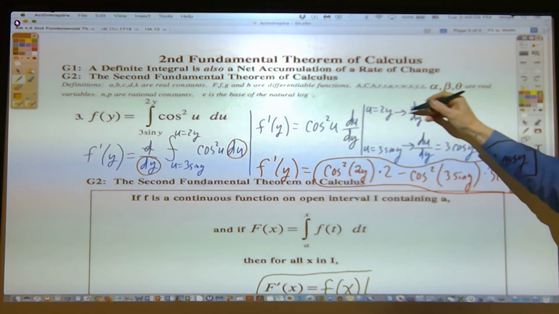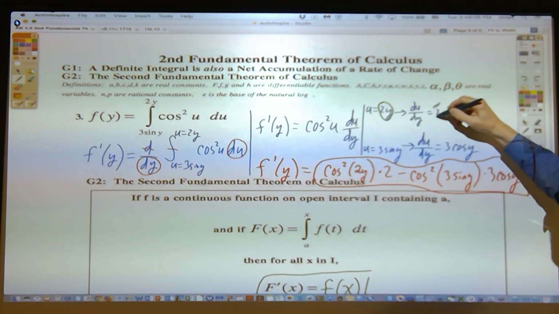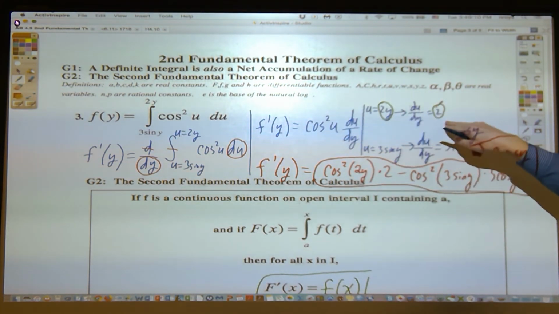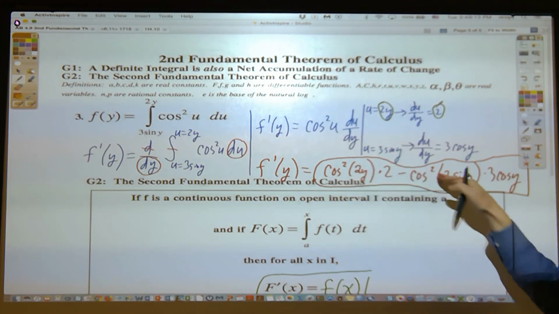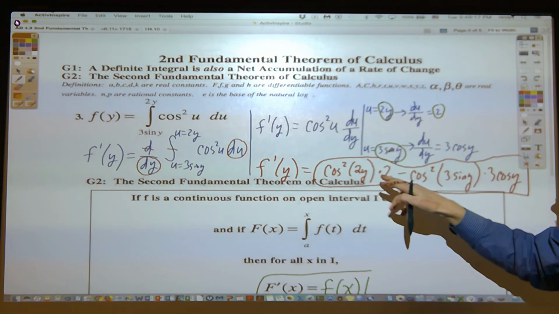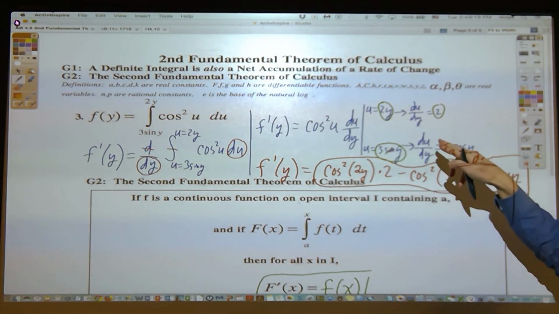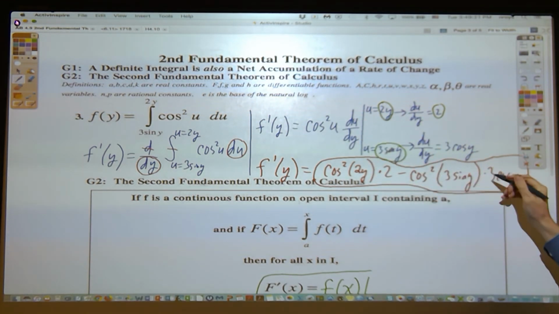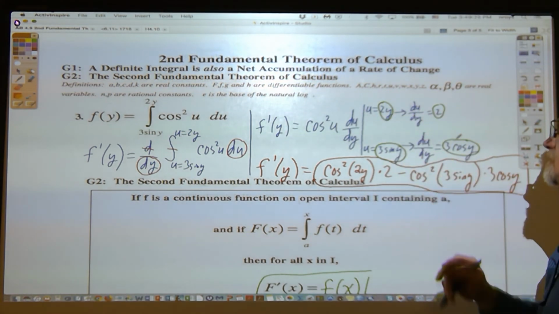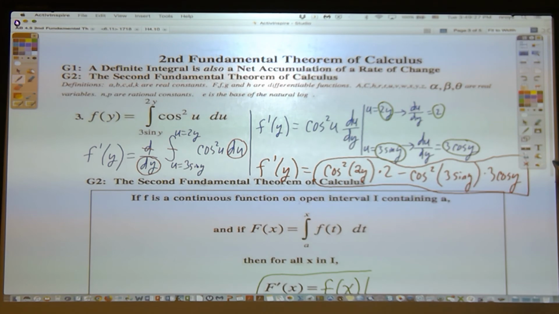So just to be clear, not only did I replace u with 2y, but also du dy with 2. And then after the subtraction sign, not only did I replace u with 3 sine y, but I replaced the du dy with 3 cosine y. So you really need 4 values, or 4 expressions for substitution.